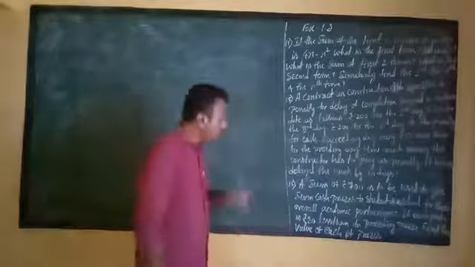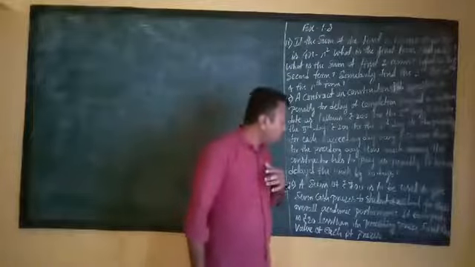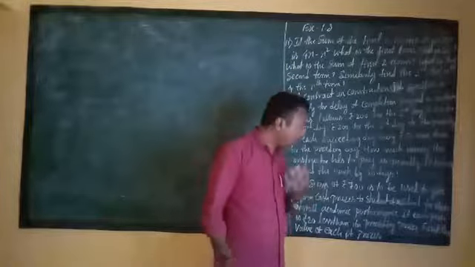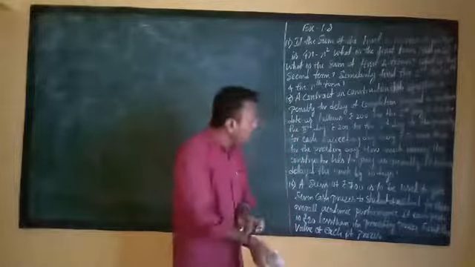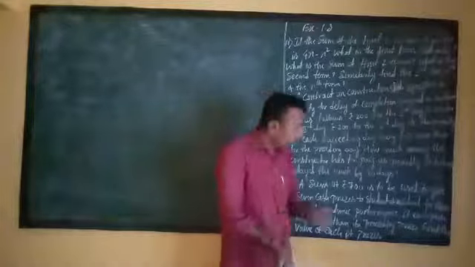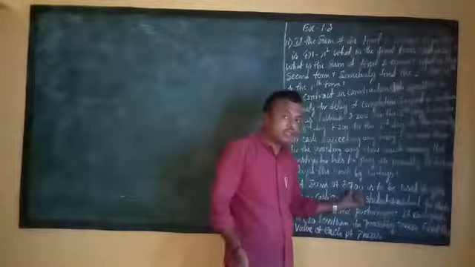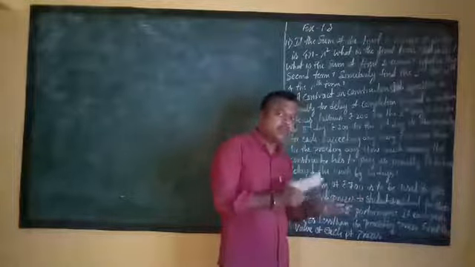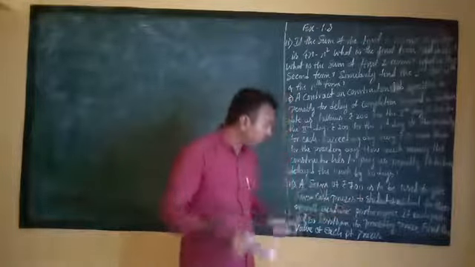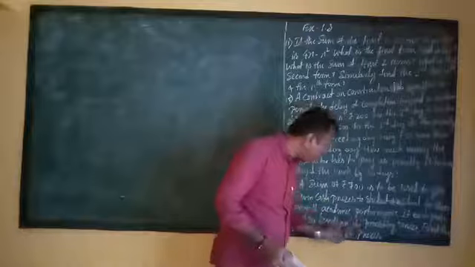So one school wants to give prizes. They want to give 7 prizes, and the total amount of the 7 prizes is rupees 700. I don't know the first prize amount, second prize amount, or third prize amount.